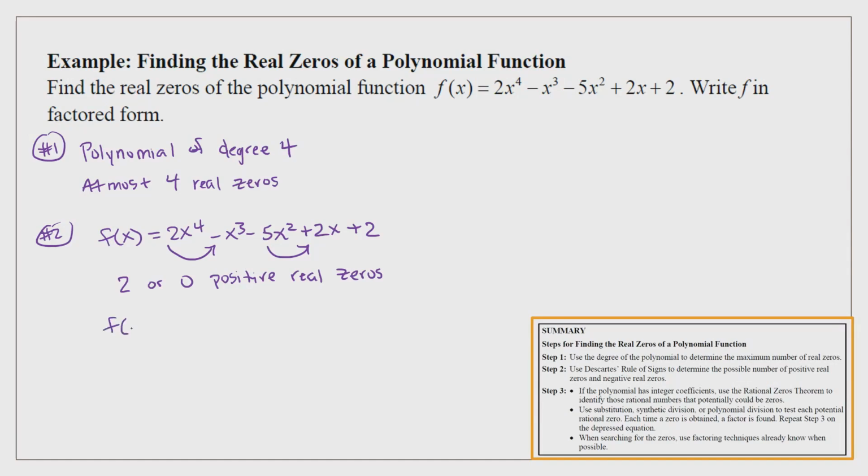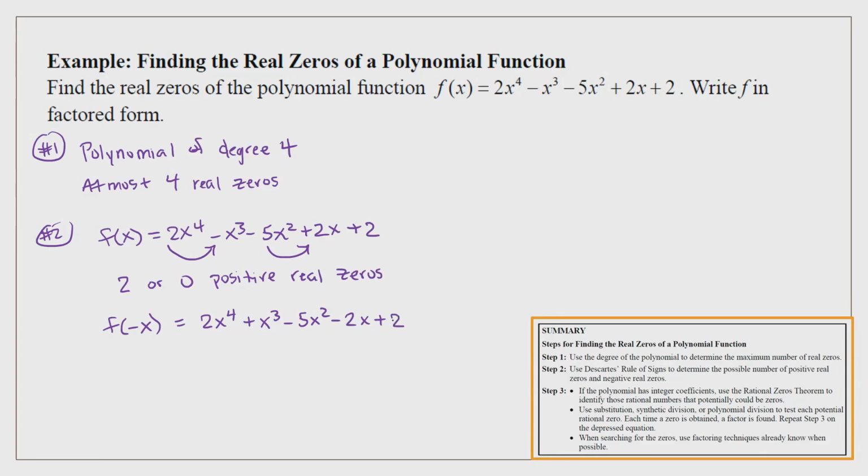Next, I'm going to find the number of negative possible real zeros. So to find that function, I'm going to change the sign of every term with an odd power. So that would be the second term, and it would be the fourth term.